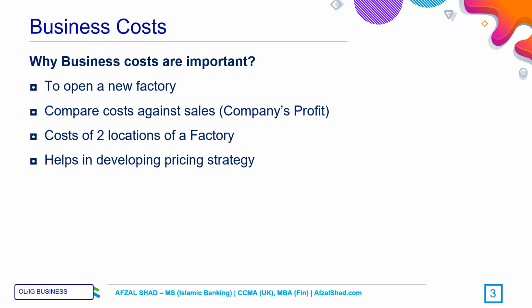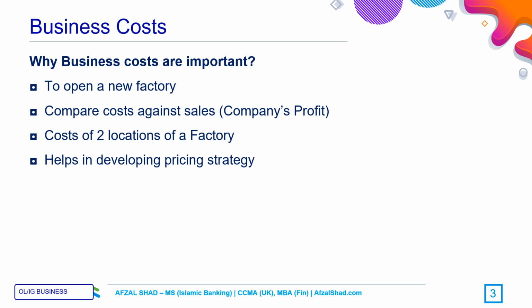So the first thing you do is you make a budget for how much money will be spent while opening the business and after opening the business in the first 6 or 7 months of the operations. So we are going to discuss all of those costs, and we list down all of those costs while opening up a new factory or a business.